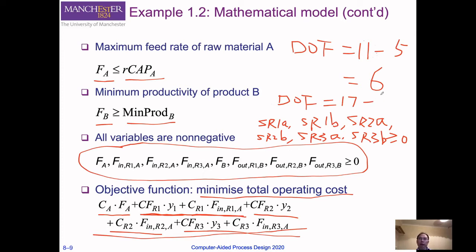We still have 5 independent equations, so the degrees of freedom is equal to 12. This is because we introduced additional 6 slack variables, but we didn't introduce additional equations to relate these 6 slack variables. That's why we increase the degrees of freedom.